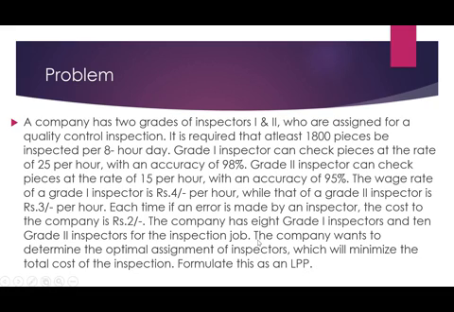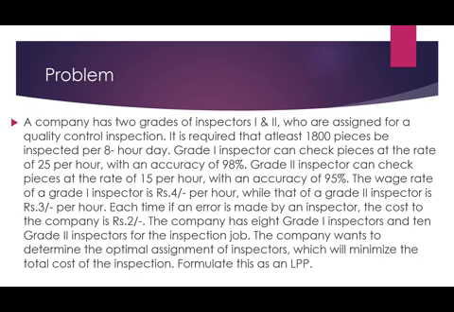So we will just have a look at what are all the decision variables. What should be the decision variables? Obviously, we have two different types of inspectors and we are supposed to determine the number of inspectors being assigned for the job, right? So you will have two decision variables. X1 will be the number of grade 1 inspectors being assigned.